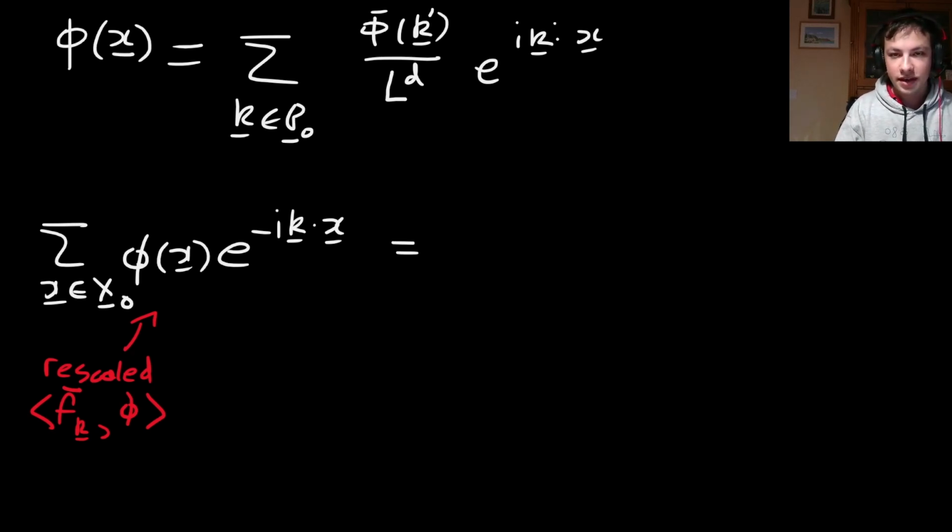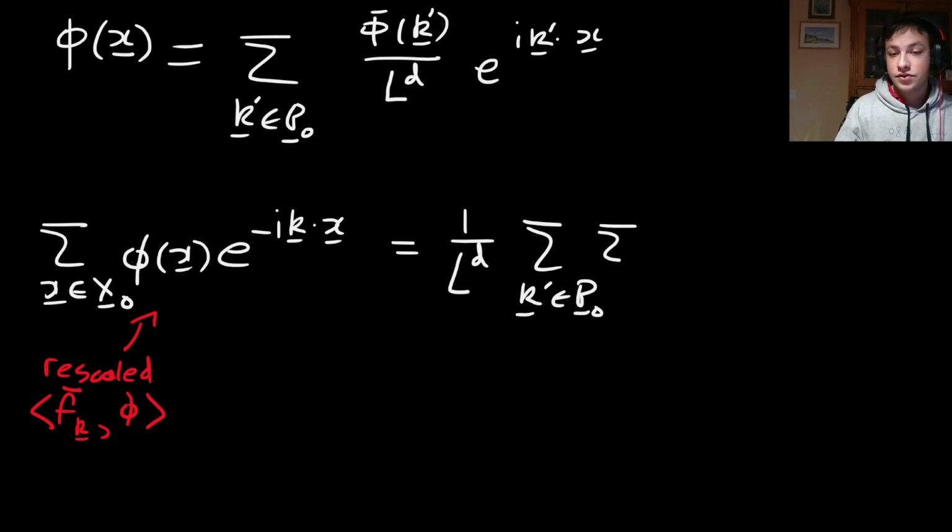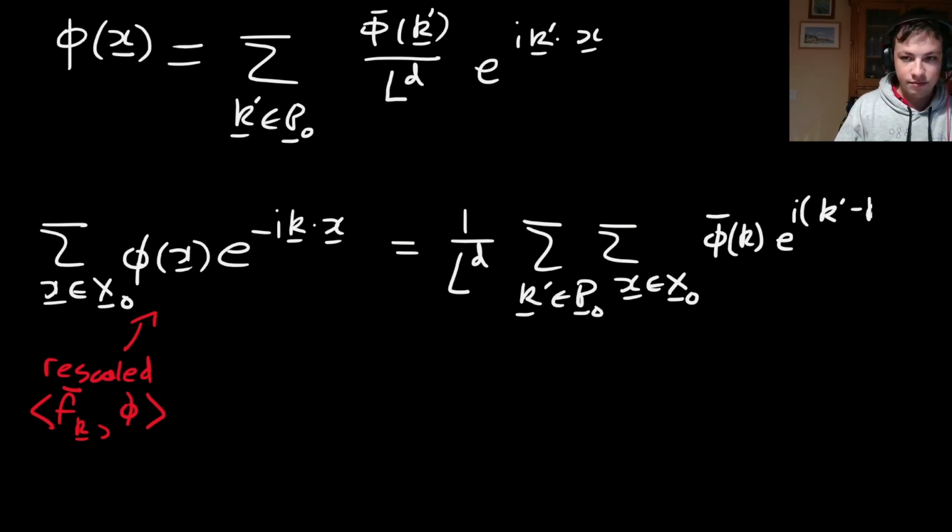If we call this k primed in this one, then we end up picking out 1 over L to the D, sum over the k primes in B naught, sum over the x's in x naught, phi bar k e to the i (k primed minus k) dot x, and that's gone off the screen.